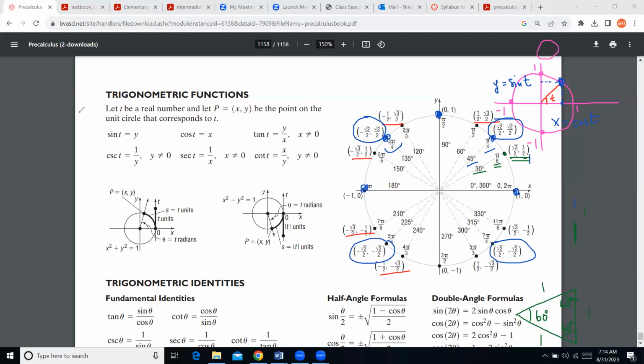So what's going on here? Why is that square root 2/2? So for convenience, I can consider this little triangle here that will have an angle of 45 degrees, right?